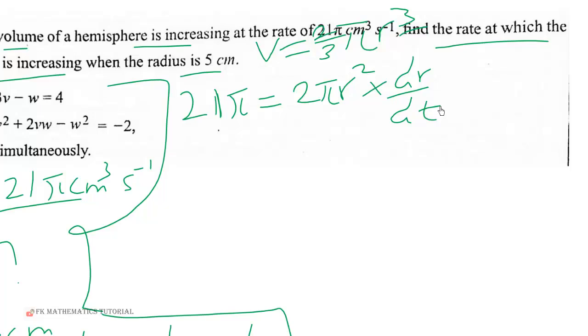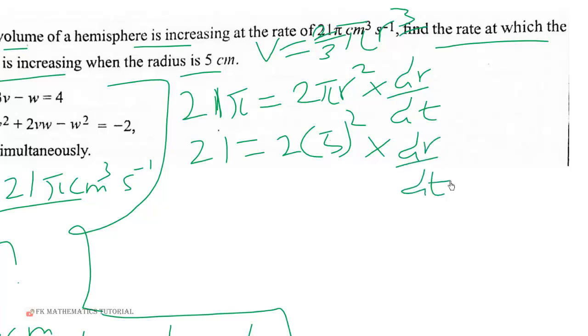So we have 21π is equal to 21π. So we can cancel the π's, and that will give us 21 is equal to 2 times r squared, 5 squared, times dr/dt.